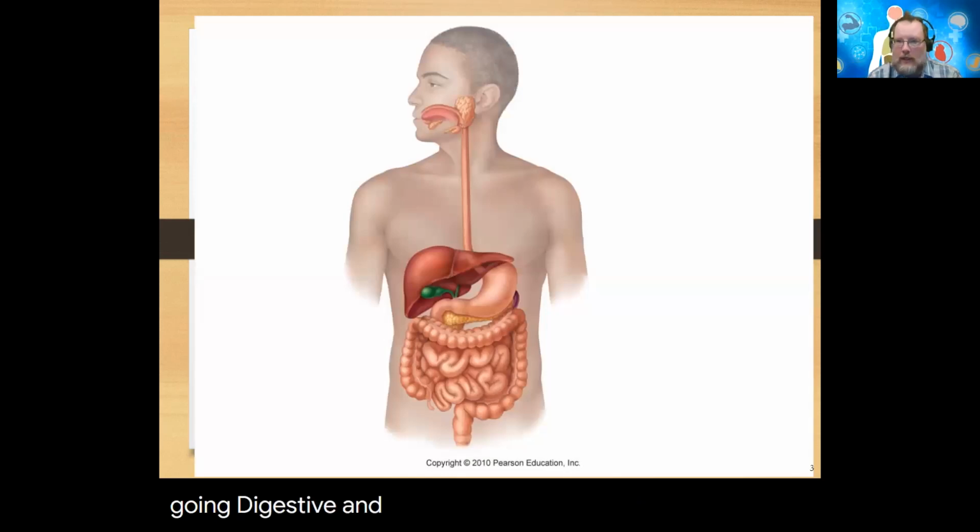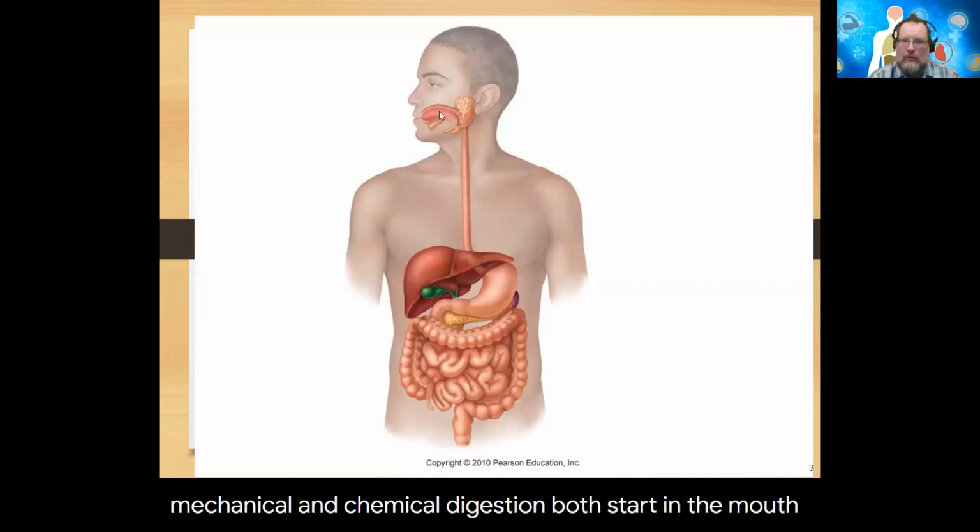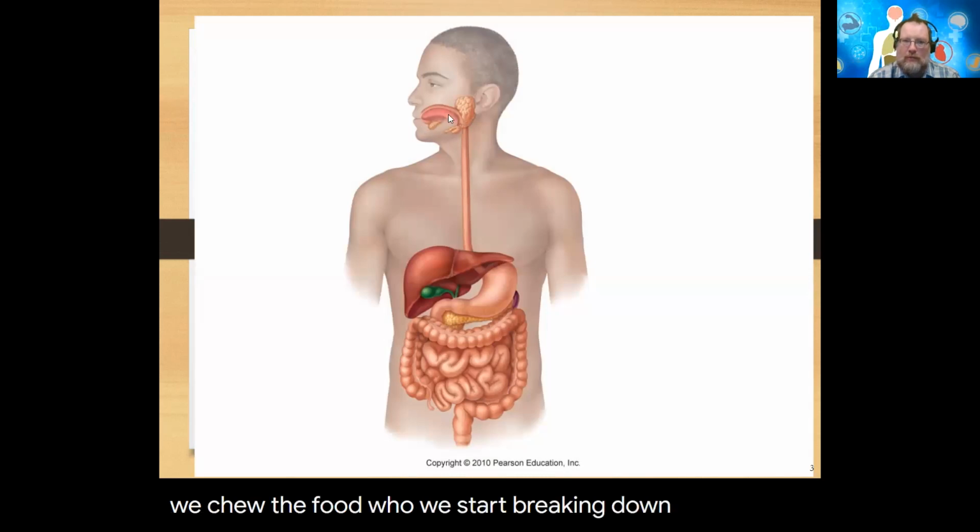Digestive anatomy you had in general. Mechanical and chemical digestion both start in the mouth. We chew the food, we start breaking down some sugars, we go through deglutition or swallowing, and then a series of rhythmic motions called peristalsis go through the smooth muscle tube or tract that takes us down into the stomach.